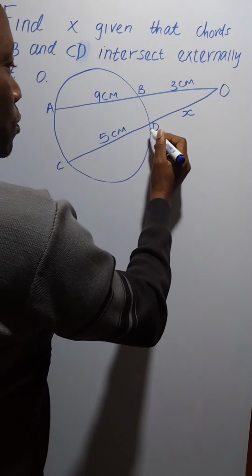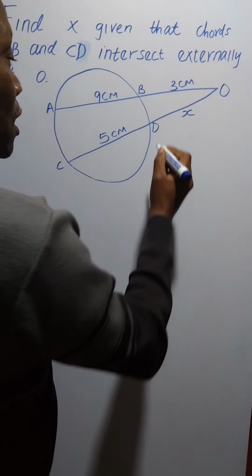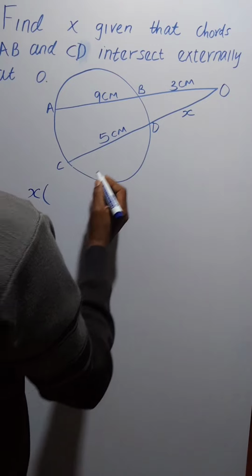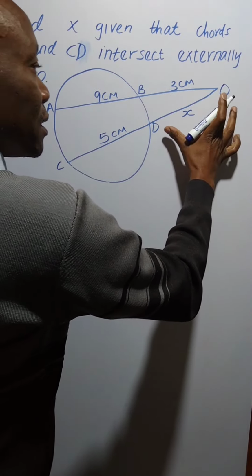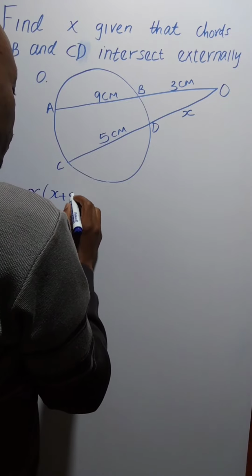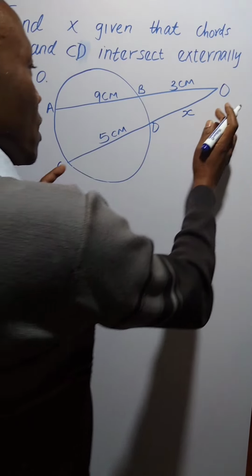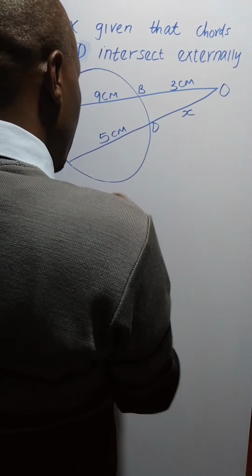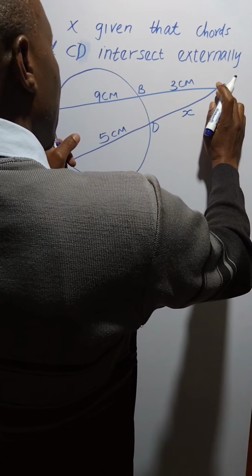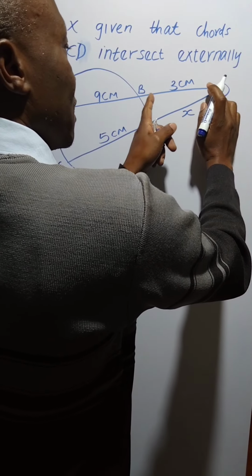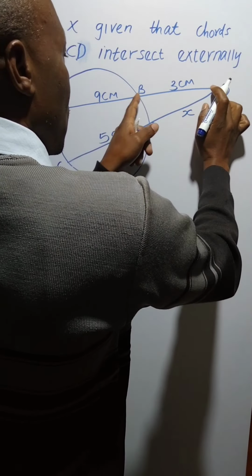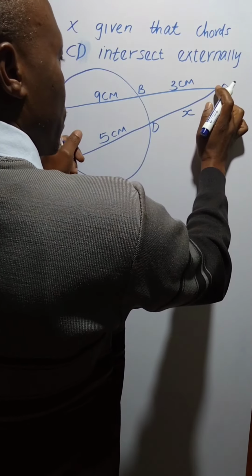Now, if we start with this one which has an x, we shall have DO whose measurement is x times line CO whose measurement is x plus 5, should be equal to the product of BO whose measurement is 3 times the line AO whose measurement is 3 plus 9, because 9 is from here to here. So it is 3 plus 9 giving us 12.